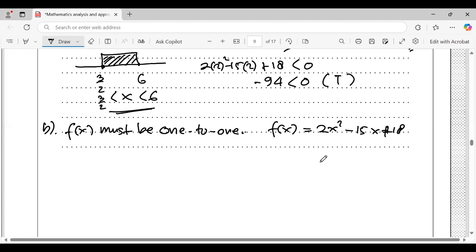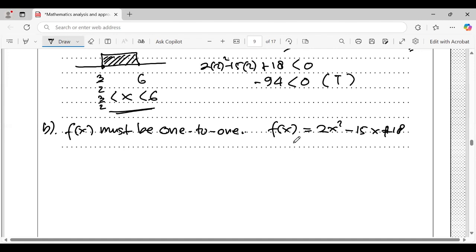Why? Because if you sketch it, it is a parabola, an open upwards parabola, because the coefficient of x squared is a positive number.